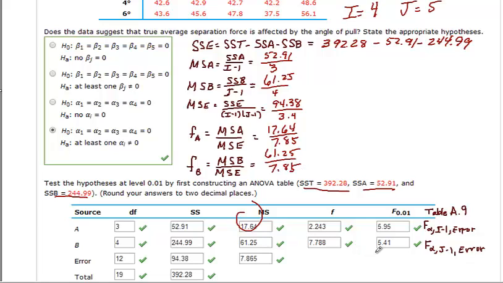Okay. So now where you have to actually think is you have to look at these values and decide whether the null of each of these hypotheses would be kept or rejected. For my H0A, since my test statistic 2.43 is within this 5.95 critical region, I would actually keep the null here.